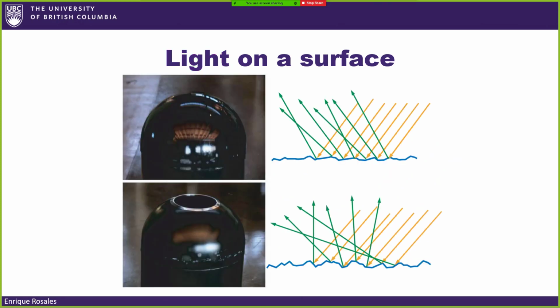So let's see, for example, this picture, right? So we have two different surfaces right here. One is very shiny, right? It's almost like acting as a mirror. It's obviously not a mirror, right? But it's acting as a mirror. But in the other image, it seems that it's basically the same surface, but the surface seems more blurry, right? Or the reflection seems more blurry.